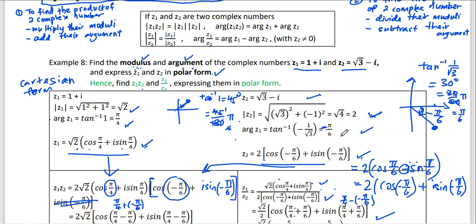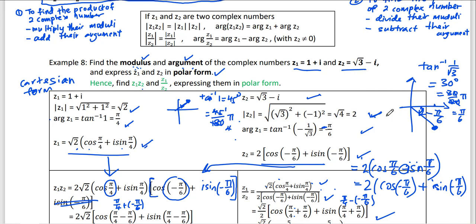Make sure every time you want to find the modulus and argument, the modulus is normally no problem, always positive. But for the argument you have to be careful. If both are positive, no problem, you just press the calculator and you get the first quadrant. But if negative, you have to be careful: is it here or here?